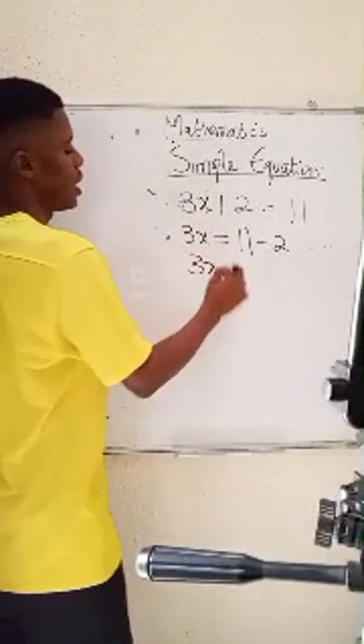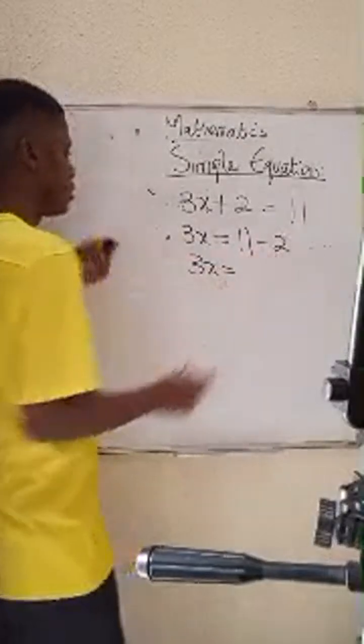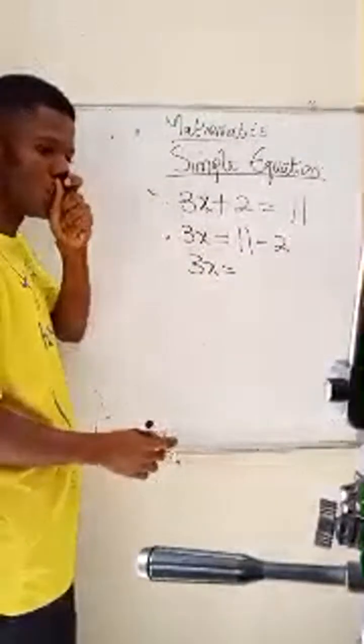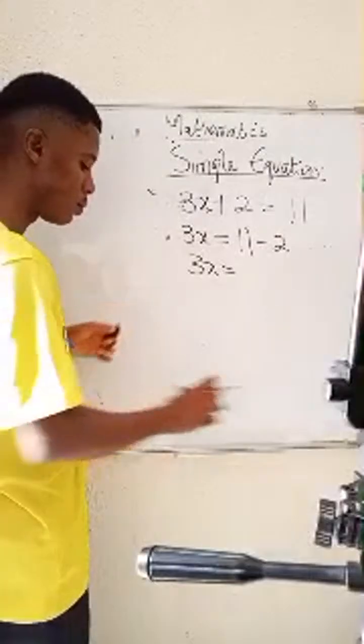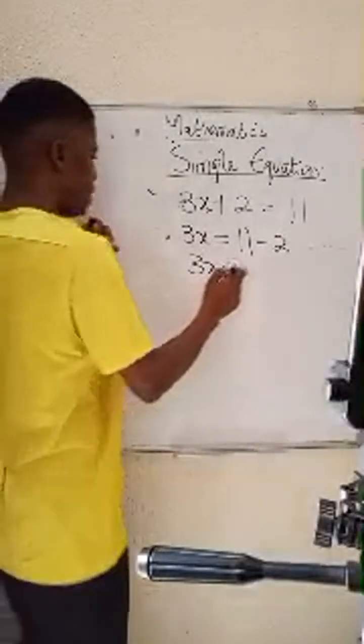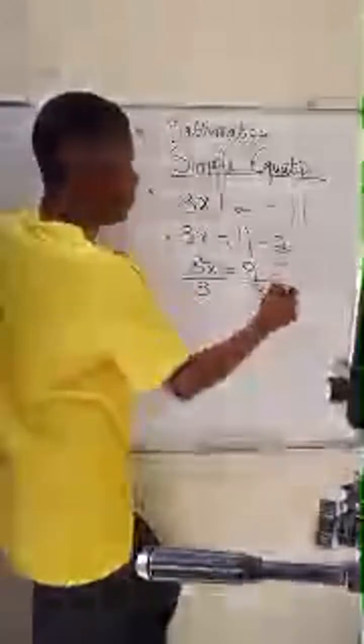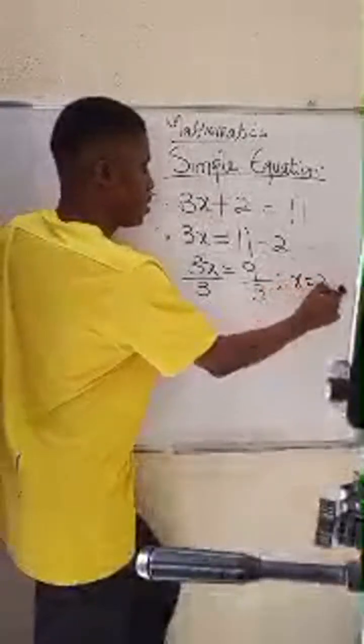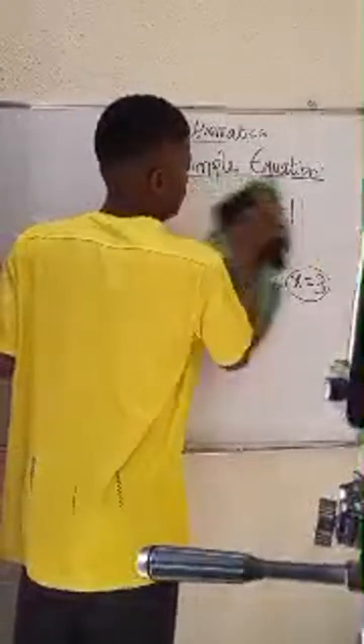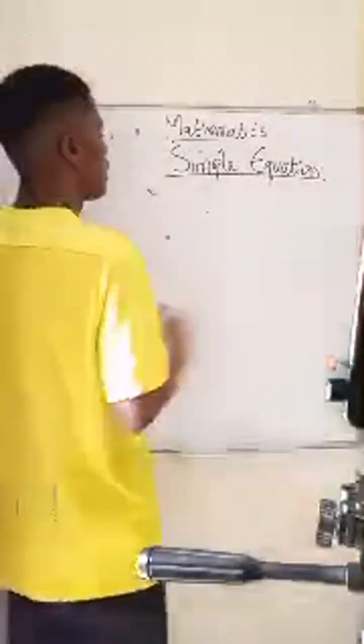That means you have 3x is equal to 11 minus 2, which is 9. The next thing we do is divide through by 3. If you divide through by 3, x is equal to 3. Correct, you got the answer right. Clap for yourself, please. So x is 3.